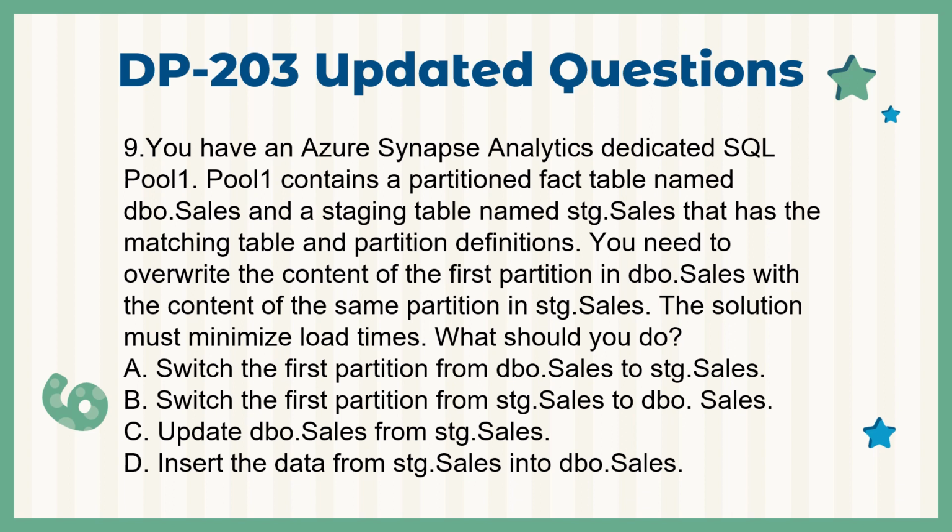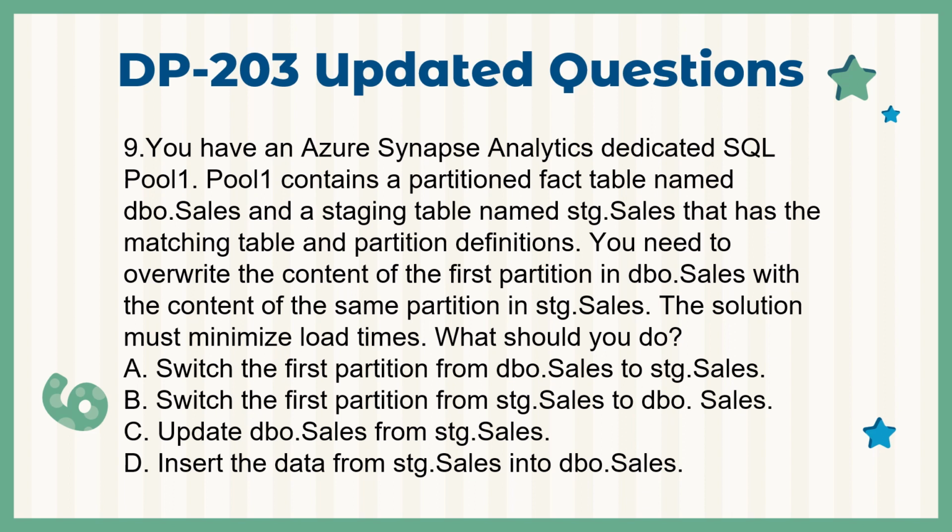9. You have an Azure Synapse Analytics dedicated SQL Pool1. Pool1 contains a partitioned fact table named dbo.Sales and a staging table named stg.Sales that has the matching table and partition definitions. You need to overwrite the content of the first partition in dbo.Sales with the content of the same partition in stg.Sales. The solution must minimize load times. What should you do?